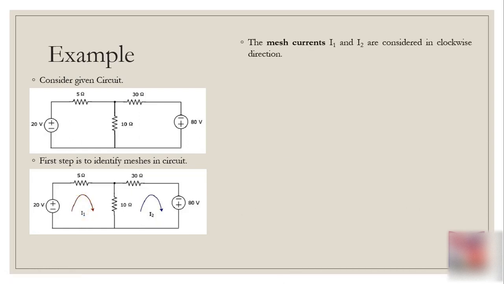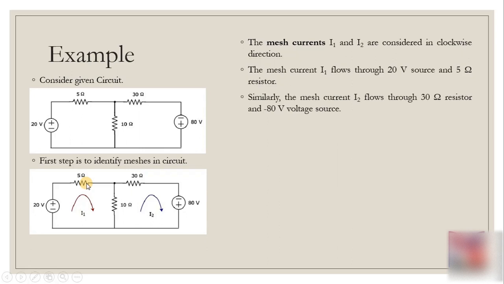So we have the mesh currents I1 and I2, and the direction is considered clockwise, as mentioned already. The mesh current I1 flows through the 20 volt source and 5 ohm resistor. Similarly, the mesh current I2 flows through the 30 ohm resistor and 80 volt voltage source.